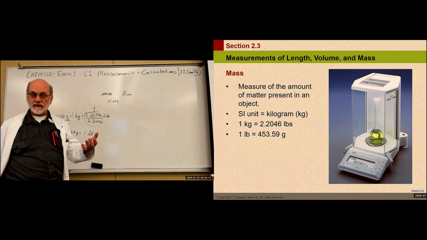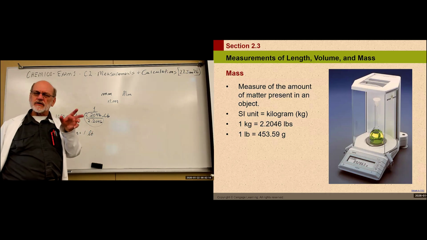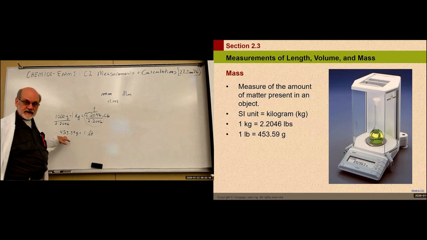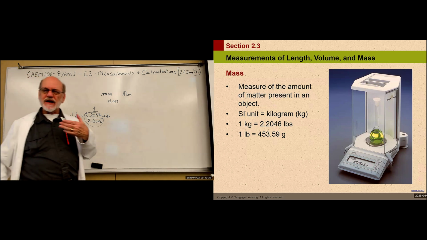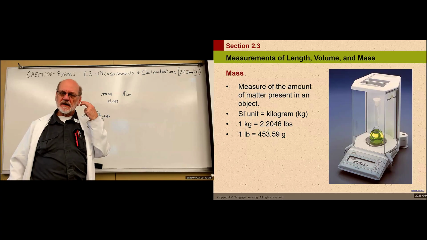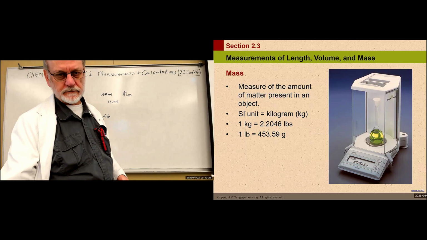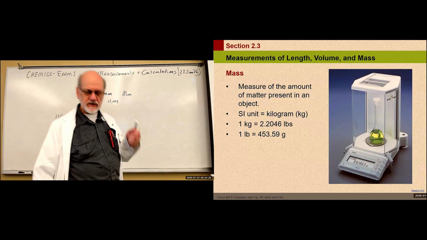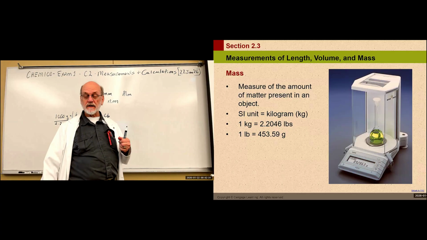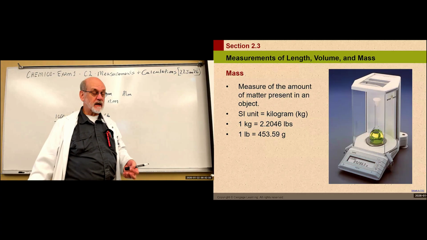Half of 1,000. But it's a little bit bigger. It's 2.2, so it should be less than 500. And sure enough, it's less than 500. That estimation helps me confirm that I didn't make a calculation error, rather than just punching it into my calculator and believing what the calculator tells me.